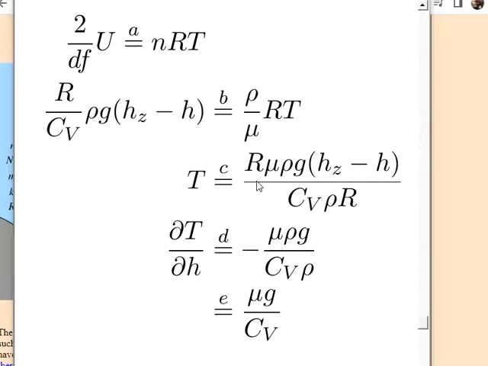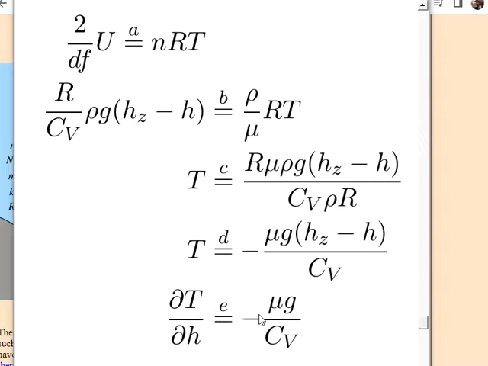I've got some variables that are presented twice. R rho is on both the top and the bottom, so those both cancel out by the end. We've also got that this is a constant minus h. So when we take the derivative with respect to h, the constant part goes away, and we are left with, okay, one thing to fix was to add that negative sign there.